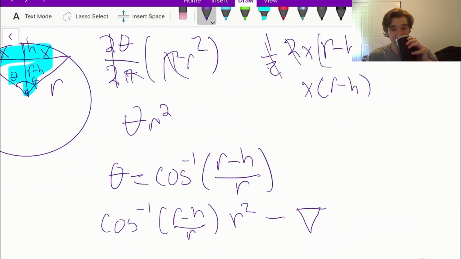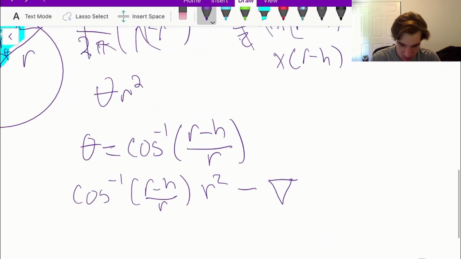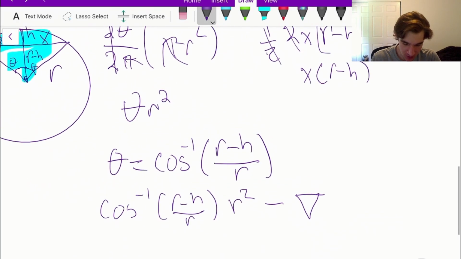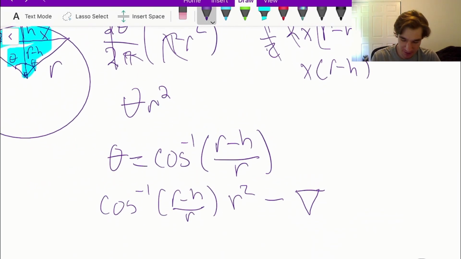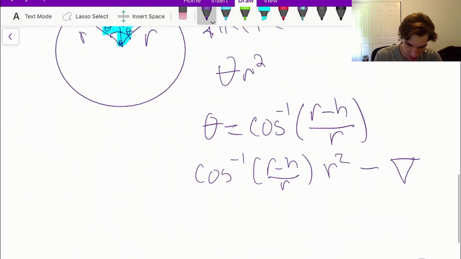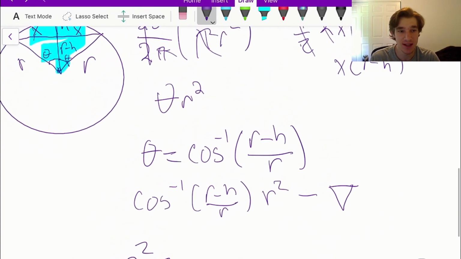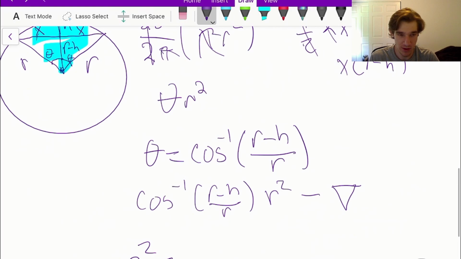And now in order to find x, we have to use the Pythagorean theorem. So to do that, we need the hypotenuse. We'll do this under here. Hypotenuse squared is going to be equal to the 2 side lengths added up when they're squared.